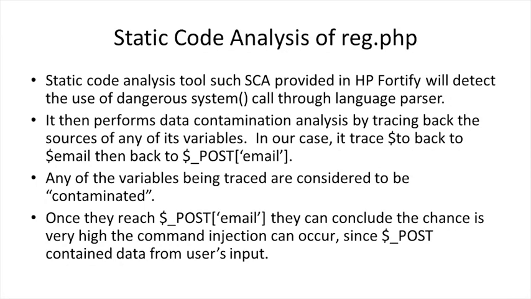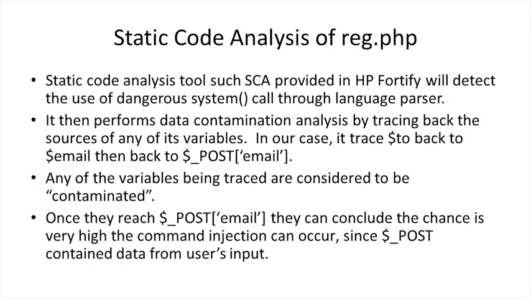It first performs a process called data contamination analysis. It does that by tracing back the sources of the system function's parameters. Any variable referenced there, they will try to trace back to the beginning of the code and see whether any of the beginning variables' data was used.